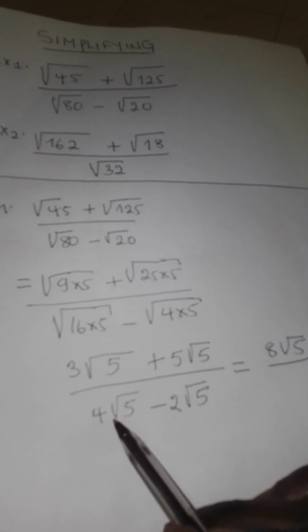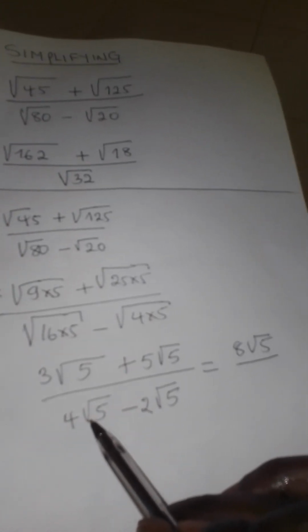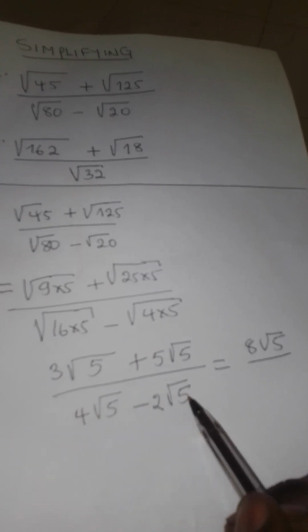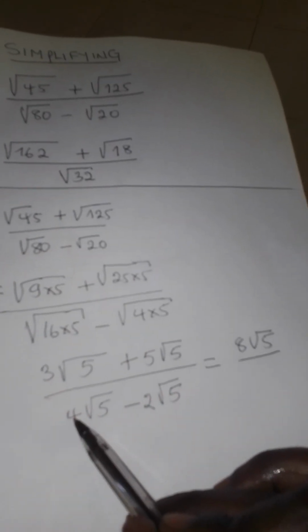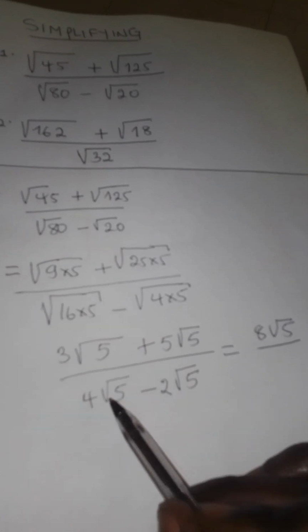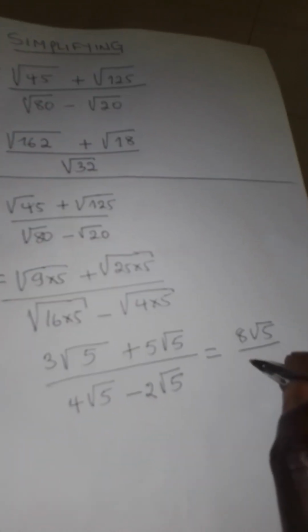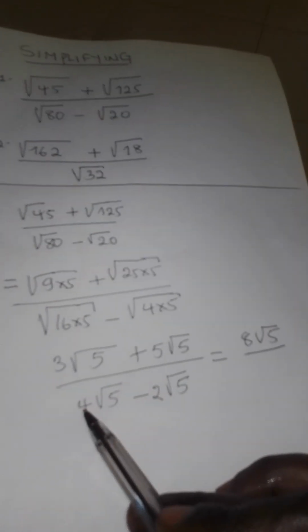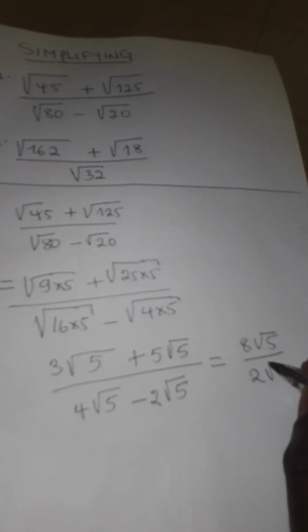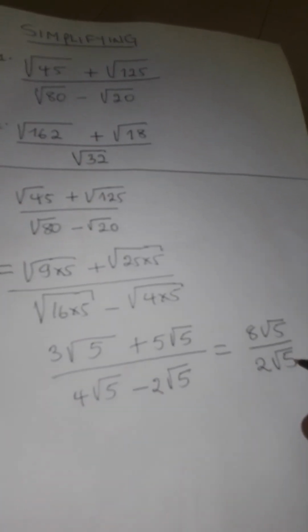But here we can subtract because we have the same roots, root 5 and root 5. Now we subtract: 4 minus 2 is equal to 2. Then we copy one root because they are the same. We write root 5.